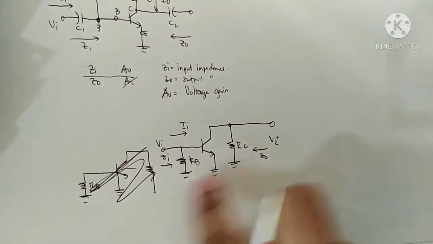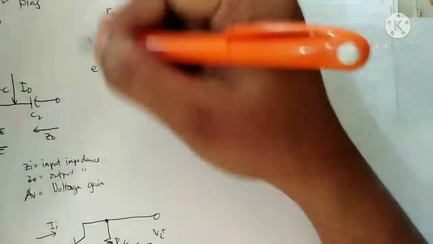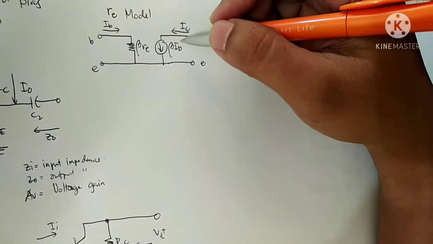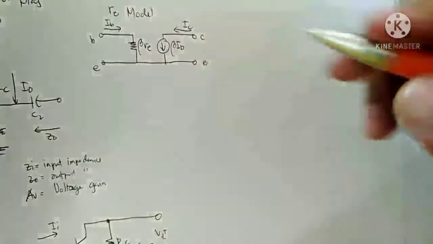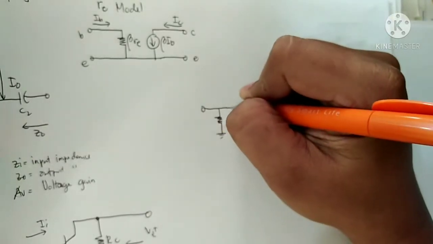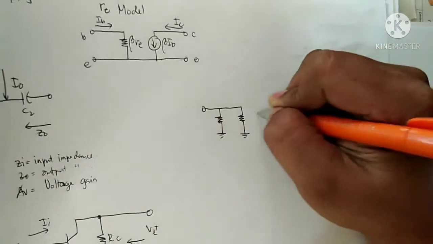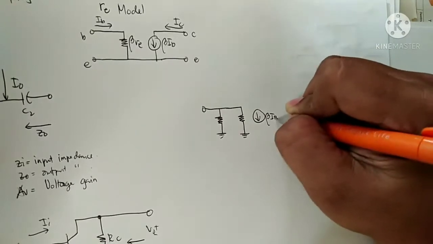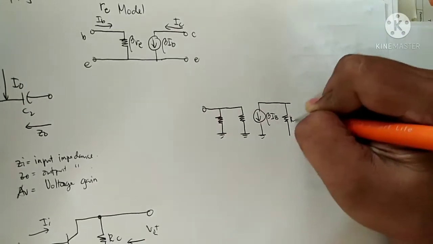So after grounding, apply the re model. This is the AC equivalent or re model for the BJT transistor. Replace the transistor with it: apply beta re, then beta Ib, and RC.